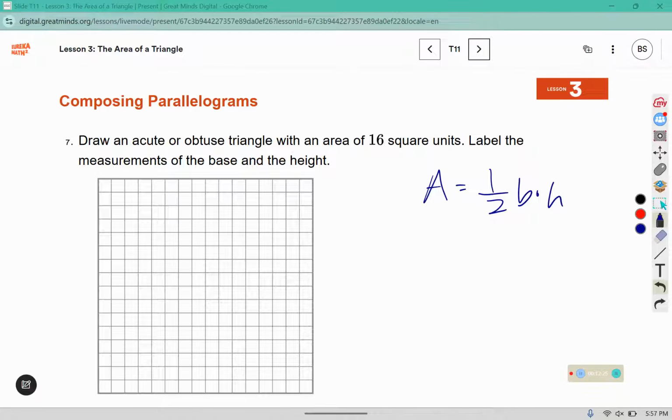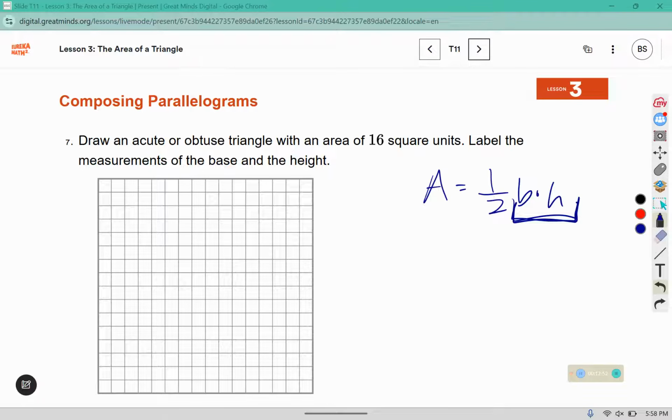So if we want an area of 16, we want the base and height to multiply to make 32, because half of 32 is 16. So factors of 32 are 8 and 4. So we could have a base of 8 and a height of 4.